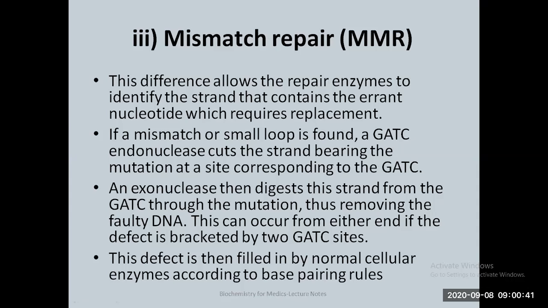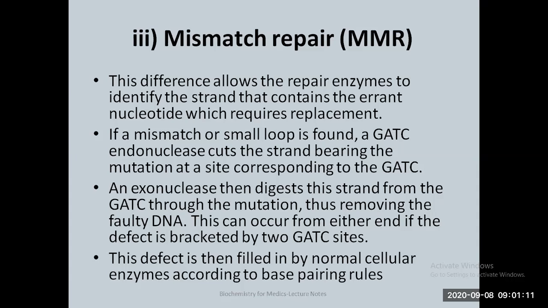The difference allows the repair enzymes to identify the strand that contains the errant nucleotide, which requires replacement. If a mismatch or a small loop is found, a GATC endonuclease cuts the strand bearing the mutation at a site corresponding to the sequence GATC.